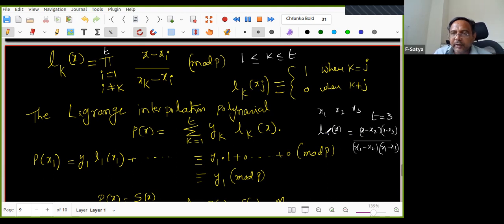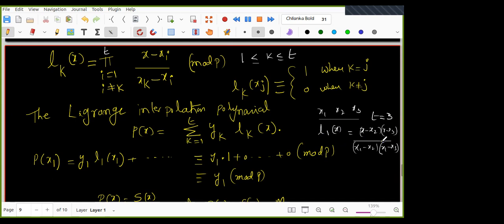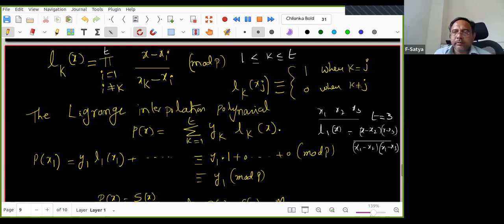So similarly, can somebody tell me what is L2 of x for x1, x2, x3? x minus x1, x minus x3, by x2 minus x1 and x2 minus x3. Very good. So like that, this k is changing. So the kth polynomial Lk of xj equal to 1 if k equal to j, otherwise 0, right?